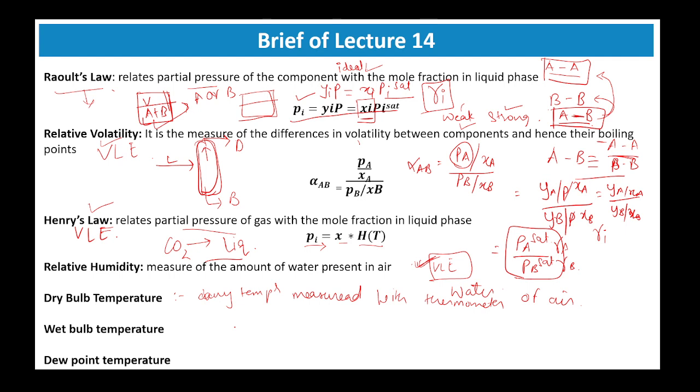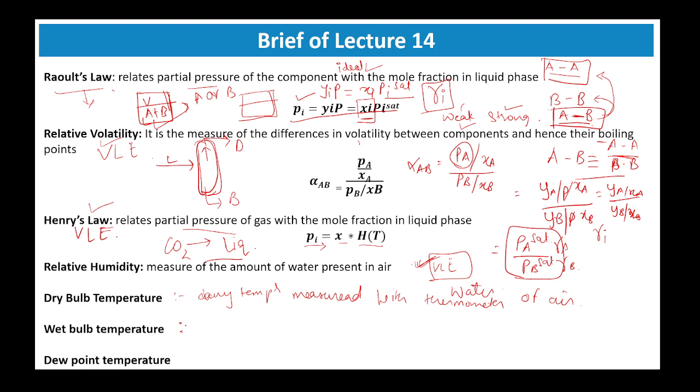So if you stay in Mumbai, what will you feel? At the same temperature also, the air is very humid. And what does that mean? The amount of water in that air is more, because the vaporization of water from the nearby ocean is more as compared to the dry regions.